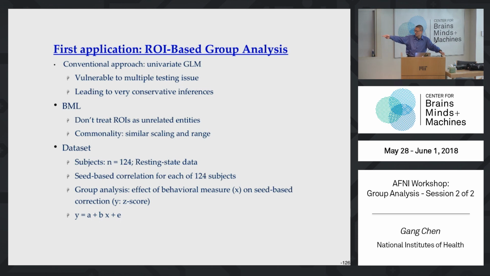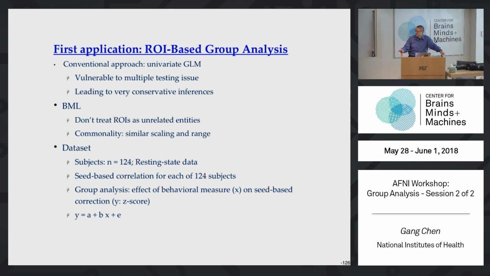So the model is, at each voxel, you have the y on the left-hand side, y is the z-score, the seed-based correlation. On the right-hand side, you have the intercept, and you have the x. X is the theory of mind measurement for each child. So if you do the traditional approach, you have this simple regression model, right? General linear model.